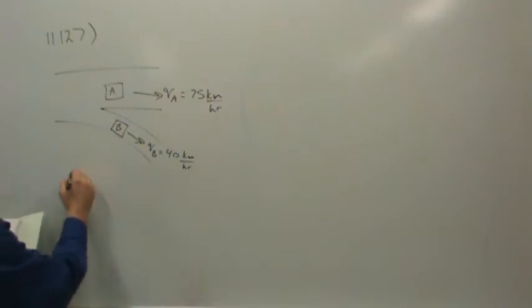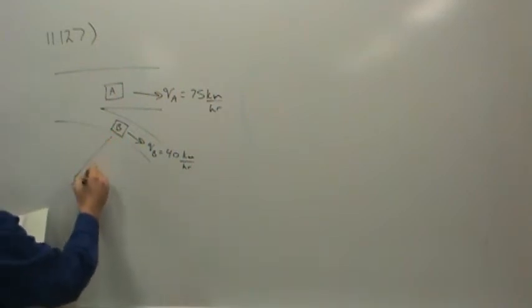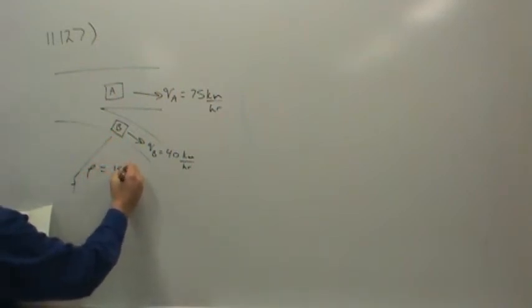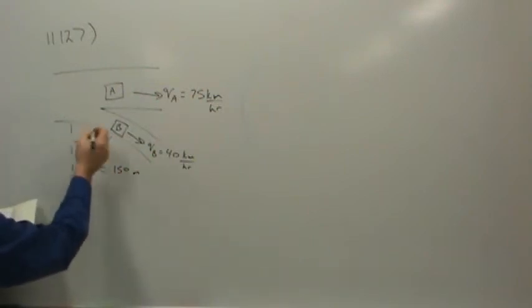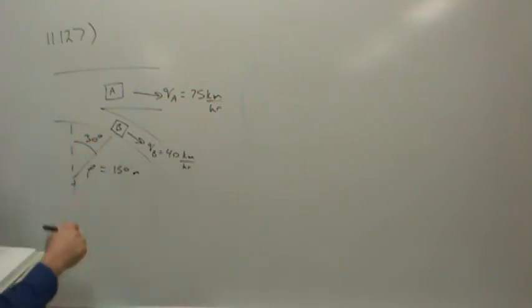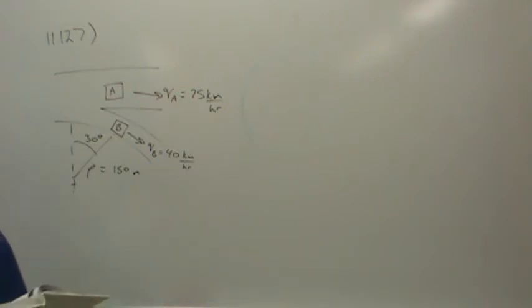The radius of curvature for the path that B is on, rho, is 150 meters. At this instant in time, the angle that the position of B makes with vertical, looking at it from the bird's eye view, is 30 degrees. All right, let's see, decreasing at 0.9 meters per second squared.